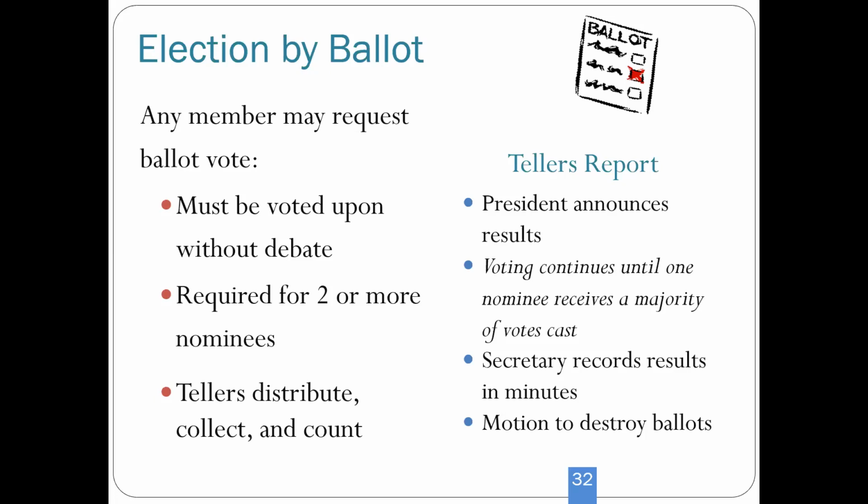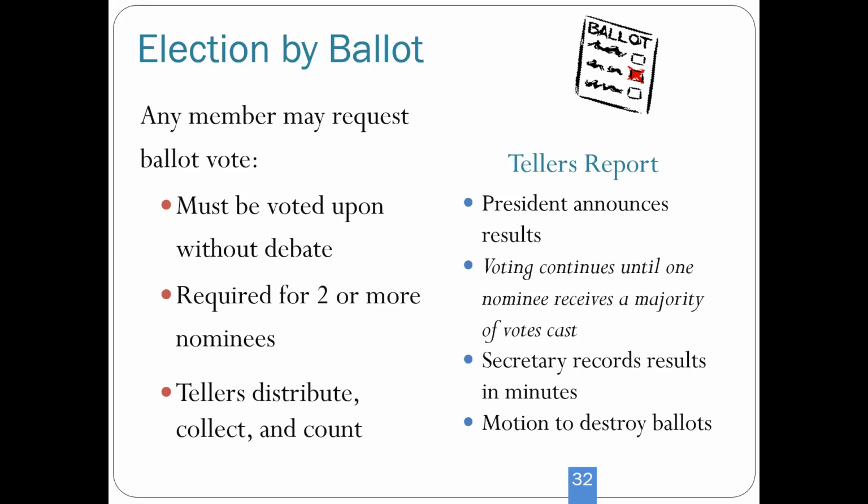If there is an election by ballot required and any member may request a ballot vote, it must be voted upon immediately without debate. And it is required for 2 or more nominees. The president would have to appoint a teller committee of 3, 2 tellers, and a chair of the teller committee.